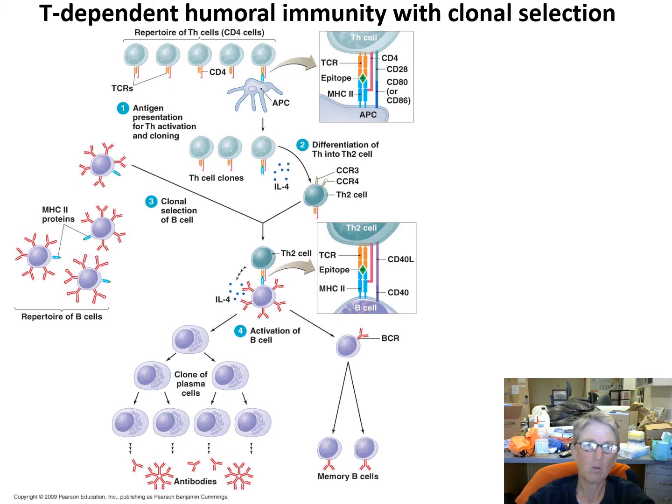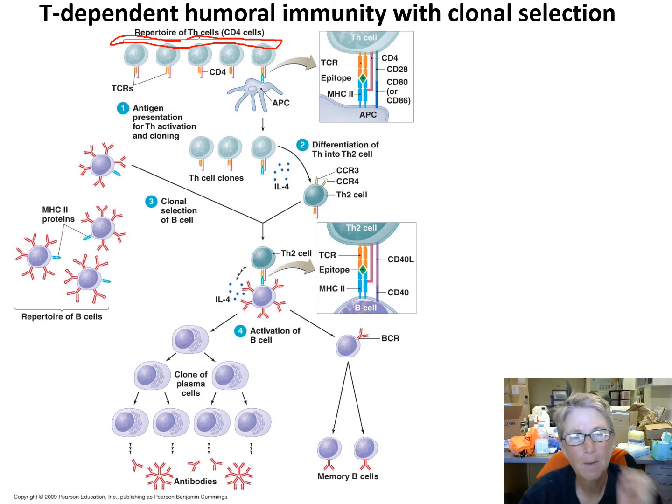Okay, more cartoons on T-dependent humoral immunity with clonal selection. So remember, this is all in a lymph node. So here's some helper T cells, aka CD4 positive cells, with their T cell receptors, and then an antigen presenting cell. So the shape of this cartoon cell looks like it's a dendritic cell.